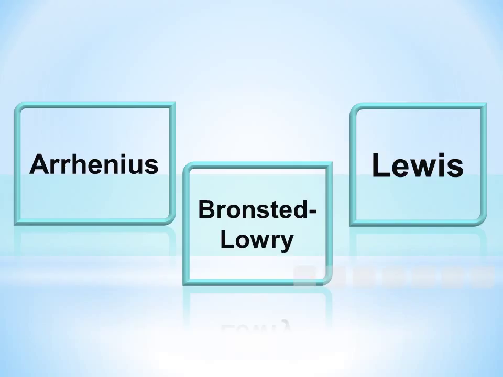The truth is no single definition is per se correct. Rather, each definition is useful in a particular instance. And so we're going to briefly discuss these definitions of what an acid is.